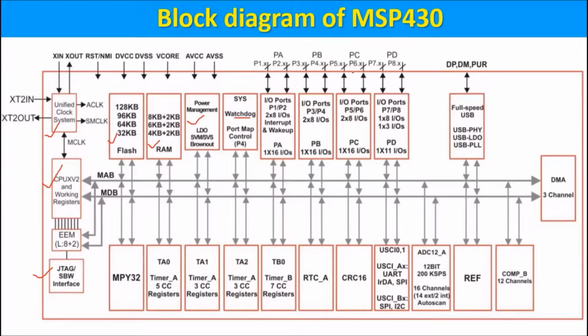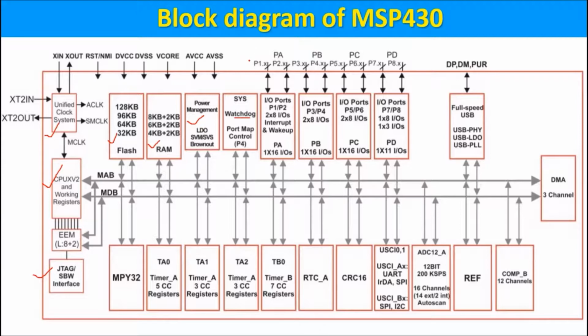These are 8-bit ports. Then the second block has 2 ports, P3, P4. Then the third block, P5, P6, and the fourth block has ports P7 and P8. So in total 8 ports are there, and all of them are of 8-bit size.